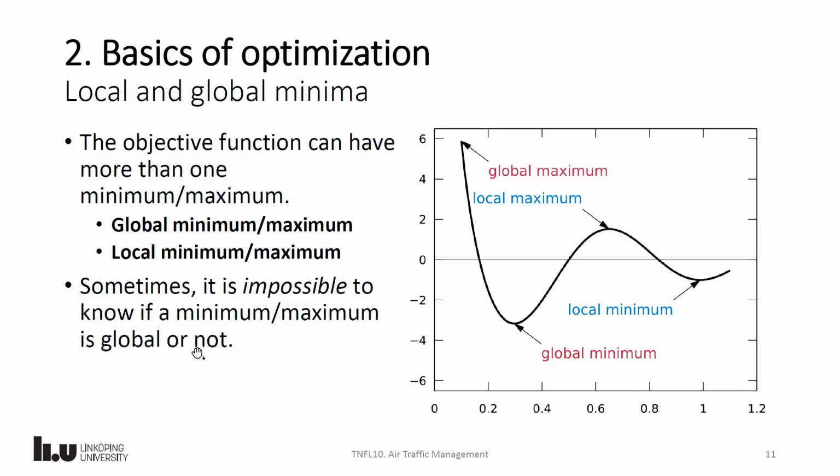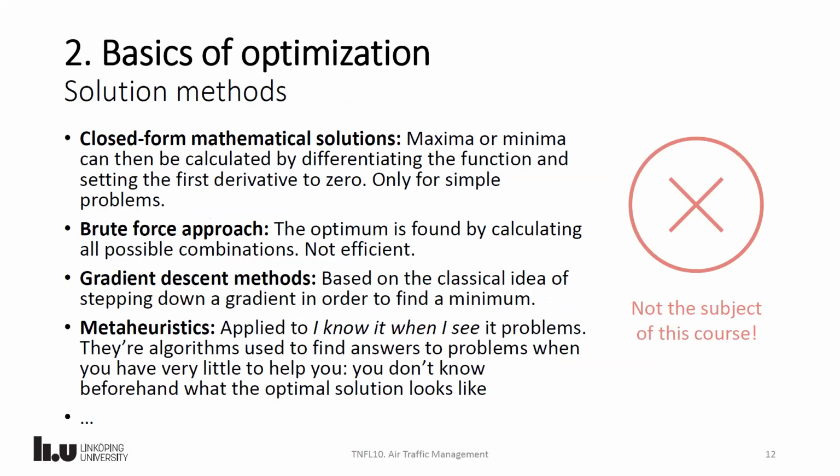Sometimes it is impossible to know whether a maximum or a minimum is global or not. So that's something we have to have in mind when trying to solve an optimization problem. But because we are just formulating them, we will leave the solving part to those that are worried about it.